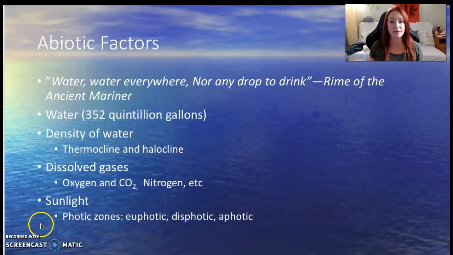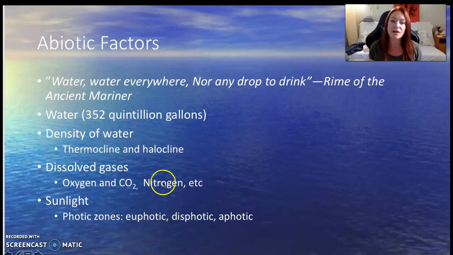What are the abiotic factors in that environment? Well, mostly it's water, right? Water in the ocean has been estimated to contain 352 quintillion gallons. I don't even know how many zeros that is, but that sounds like a lot of water.